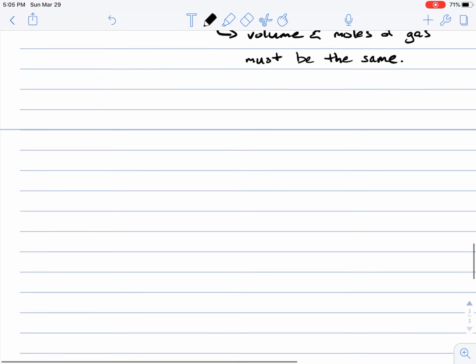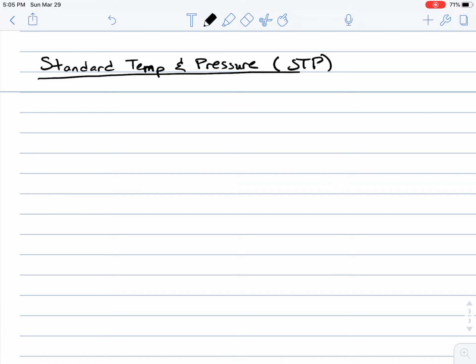So standard temperature and pressure, or STP, allows us to go from moles to liters at a very specific temperature at a very specific pressure.